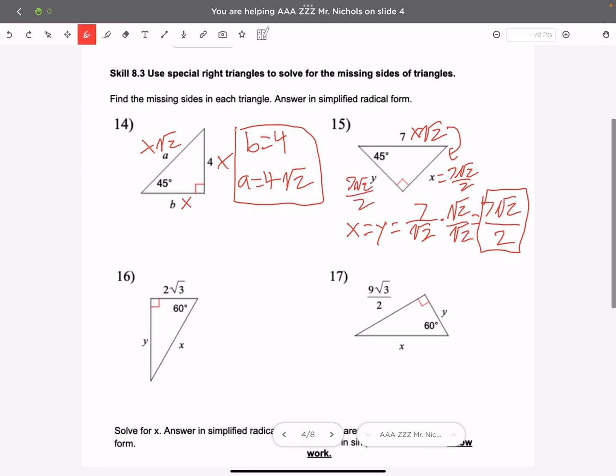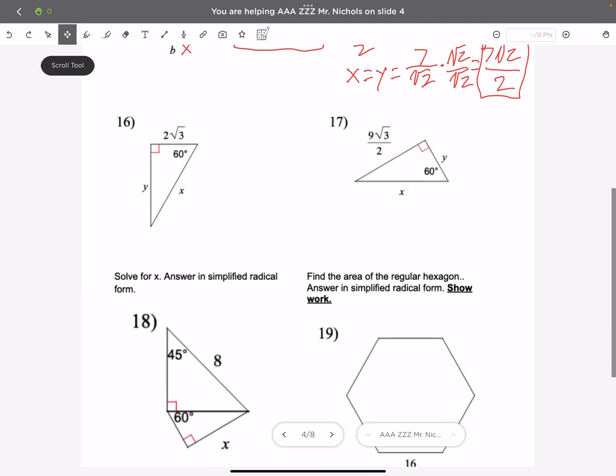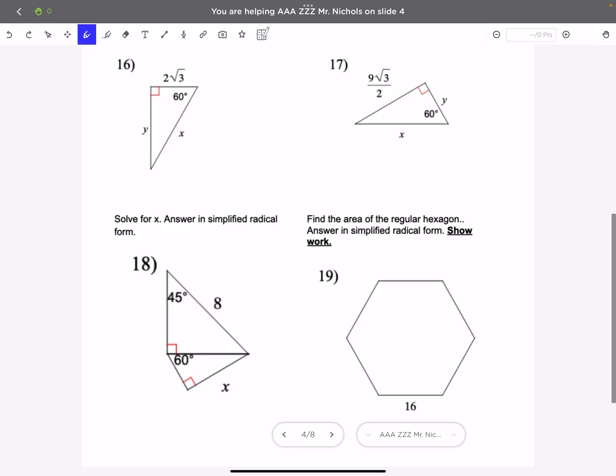All right. Now, for 16 and 17, we have 30, 60, 90 triangles. So remember here, if this is x, this is our short leg. Our long leg becomes x square root 3. And our hypotenuse, the longest side, becomes 2x.